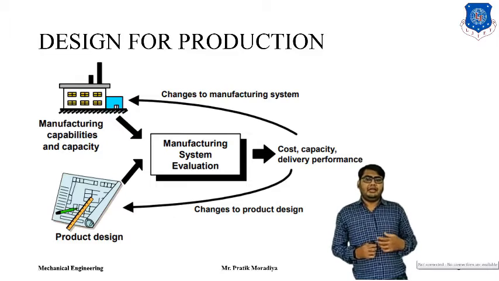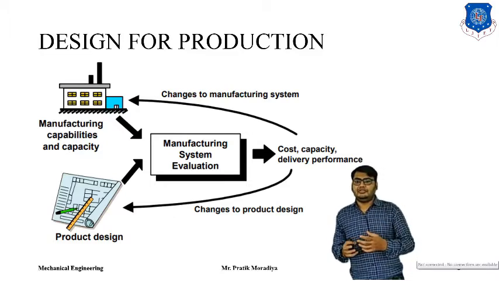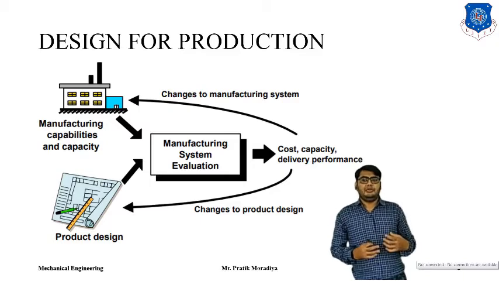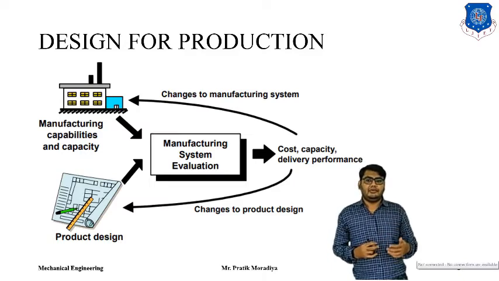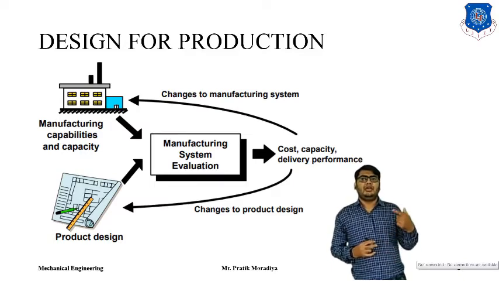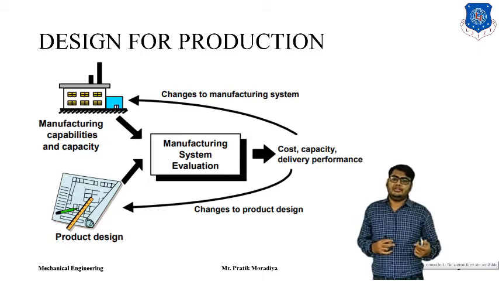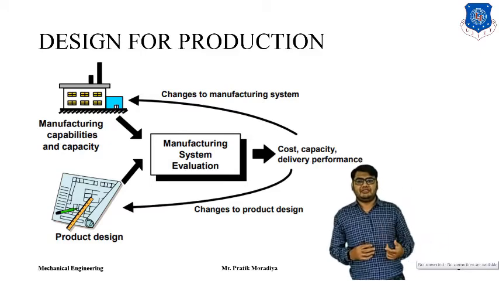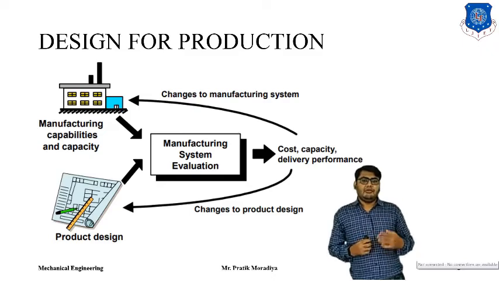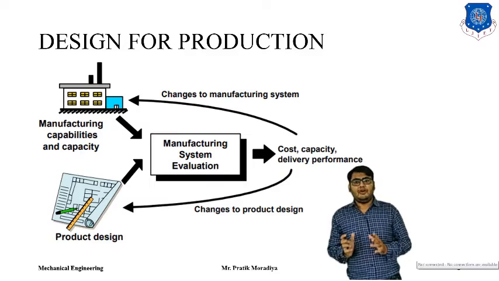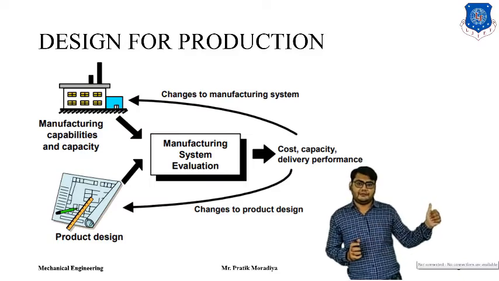So while you discuss the production system in your design, you have to evaluate all these criteria. Is your production system capable enough? Does your production system have enough capacity? Now, after evaluating this, if the criteria match, then alright, we can go for production.